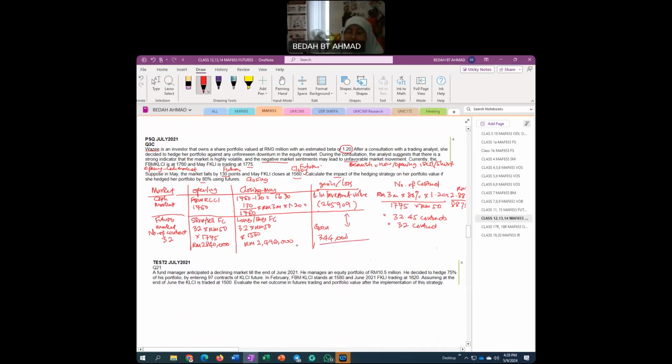So you offset here and here, and you get a net gain, or net effect. Net gain is 344,000 minus 265,909, so 78,091.